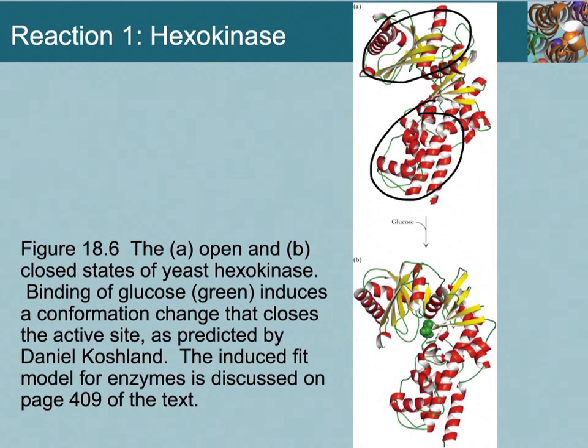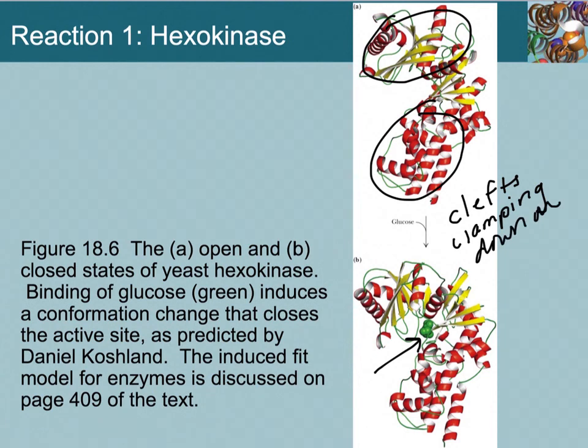Now, when glucose is bound, those two lobes are going to move closer to each other, and this cleft closes. So in green here, that's glucose. So you can see the clefts clamping down on glucose.